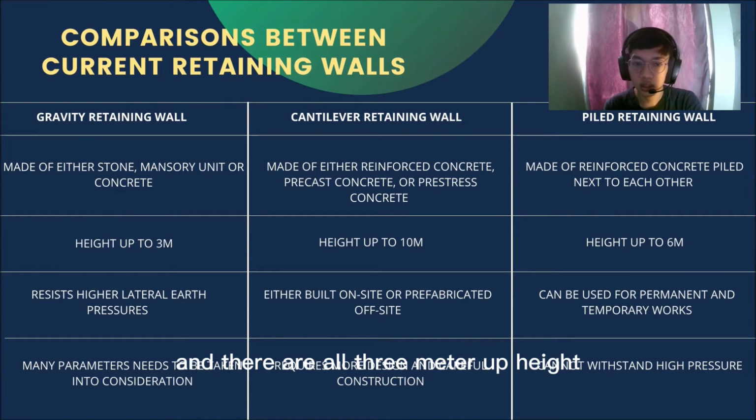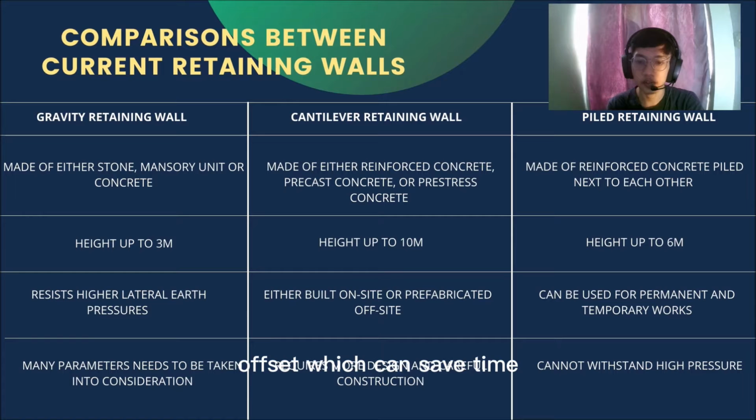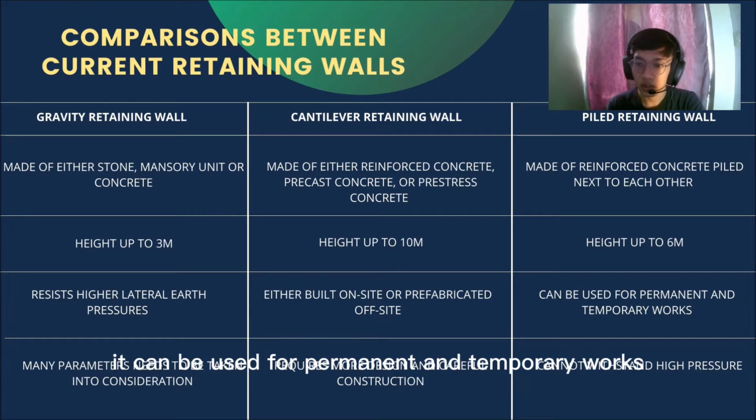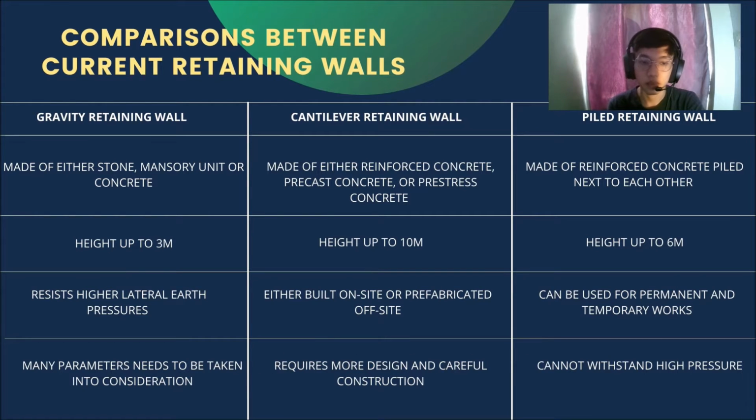Their heights are up to 3 meters, 10 meters and 6 meters respectively. For strength, the gravity retaining wall can resist higher lateral pressure, while the cantilever can be built on site or prefabricated off site, which saves time and is more workable. The pile retaining wall can be used for permanent and temporary works.